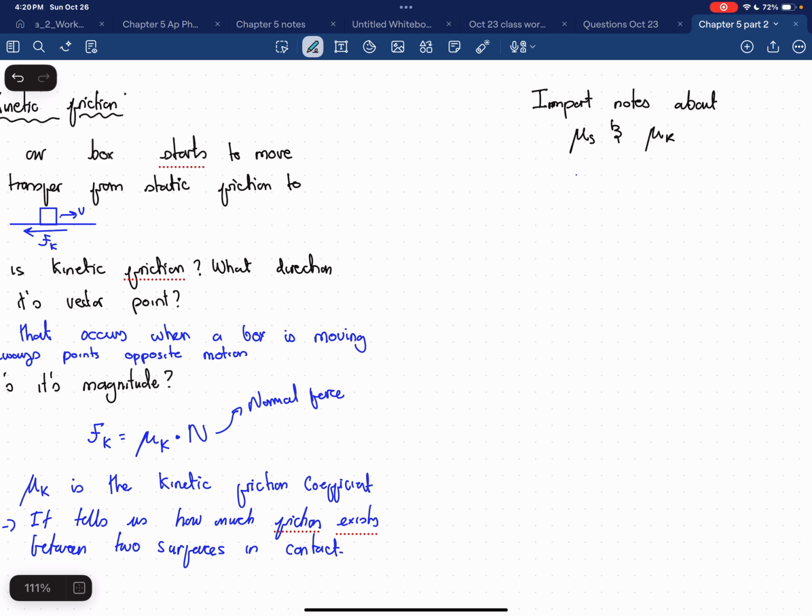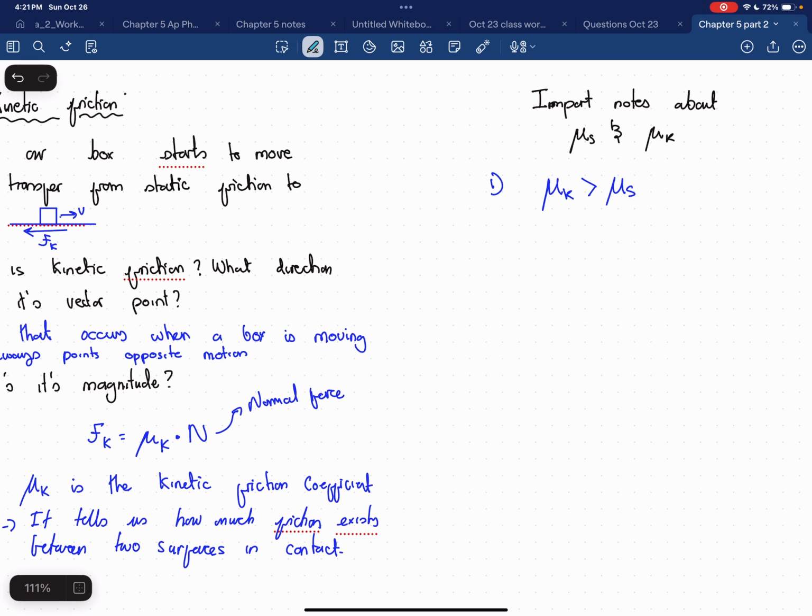Some important things to know about mu sub s and mu sub k. Number one, mu sub k will always be less than mu sub s. Why is that so? The amount of force needed to move an object that is stationary is more than the amount of force needed to keep an object moving.